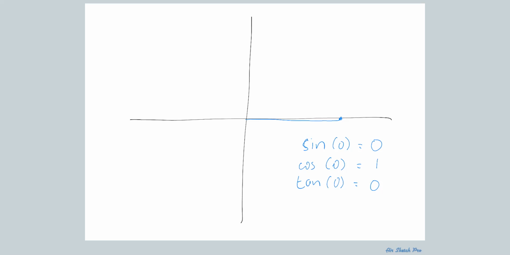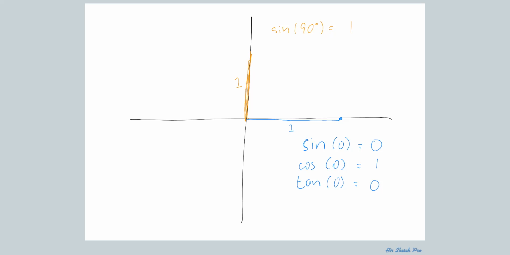Okay, let's go for a different colour. Again, 1 unit in length. What would the sine of 90 degrees be? One.